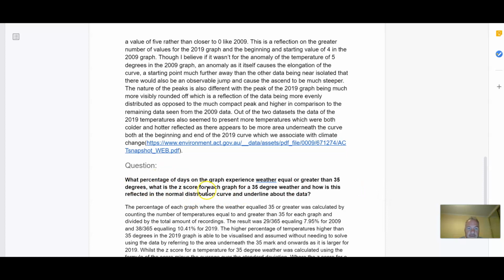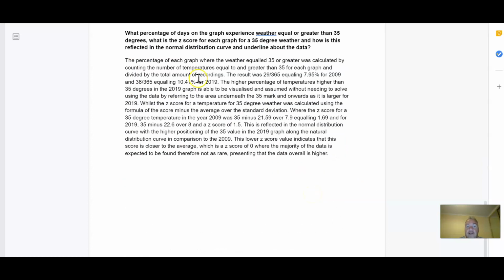What z-score for each graph 35 degree data? That's an ideal question. Okay, that's the sort of question that we were looking for, or that I was looking for, in the last one that we did.